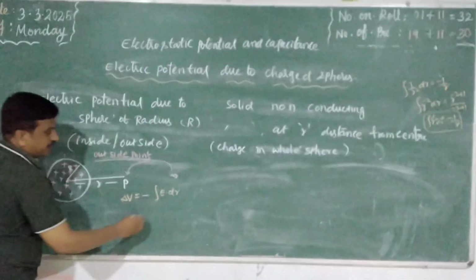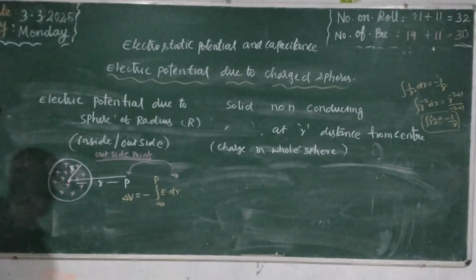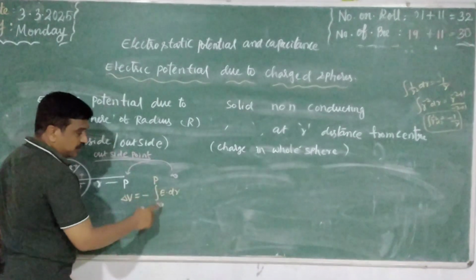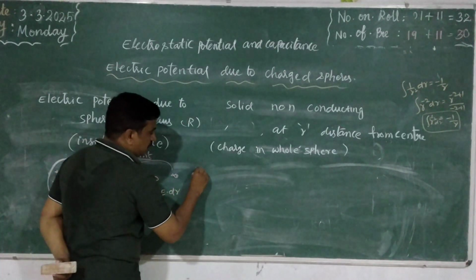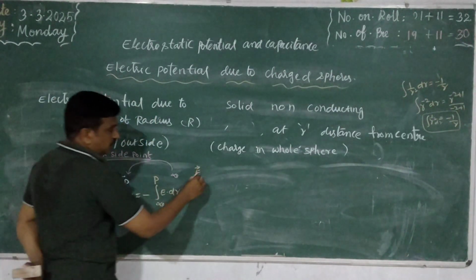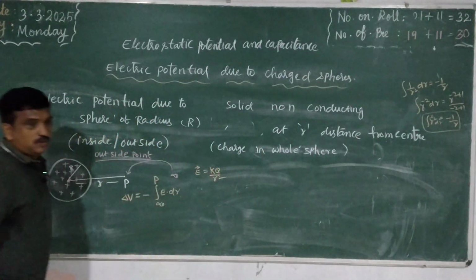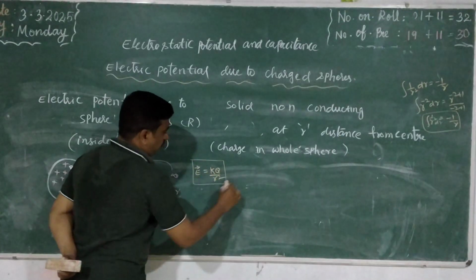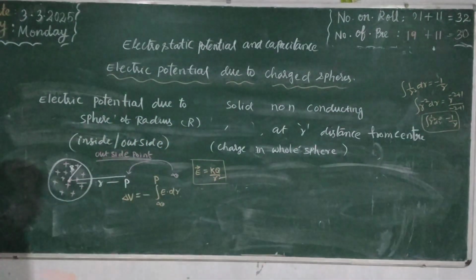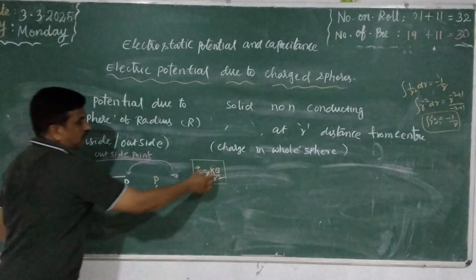Infinity to point P. Delta V equal to minus integral from infinity to P of E dot dr. What is the electric field? It is Kq by r square, the formula for electric field at an outside point. It acts like a point charge, so we take E equal to kq by r square.